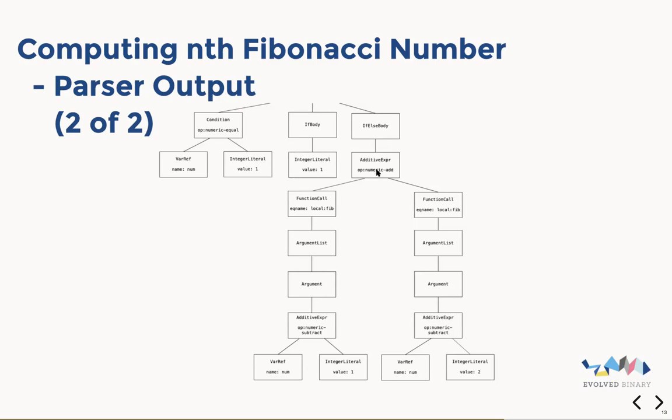But effectively, when you get to here, we have our addition of the local fib function with the number subtract 1, and the local fib function with the number subtract 2. So these are the tail recursive calls back to our recursive function. And we can see those in our abstract syntax tree that our parser has created for us. Okay.